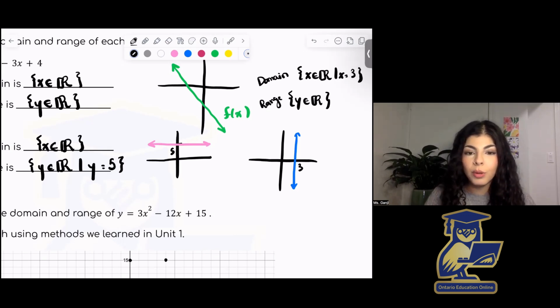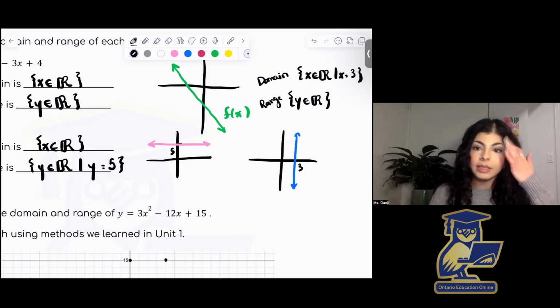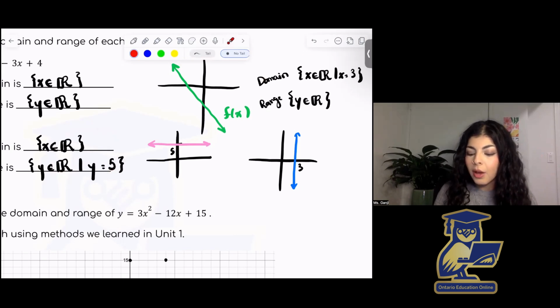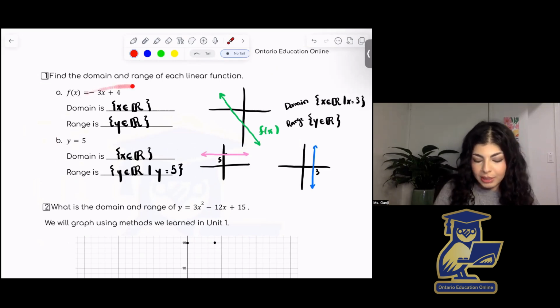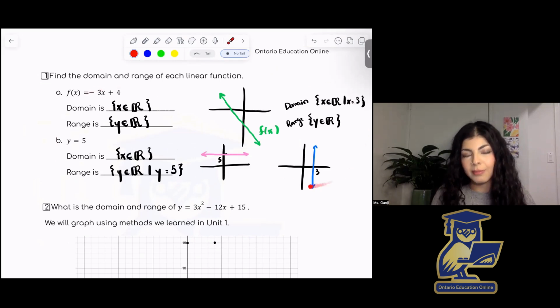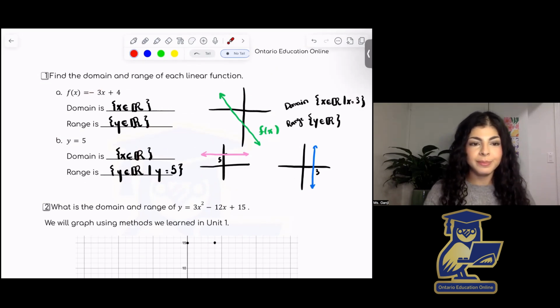At any point on this vertical line, x will have a value of 3. Similar to how in the horizontal line, at any value of x, we have that y is equal to 5. So that's where we get those two special cases for domain and range within linear equations. In these two cases, a linear function, but in all of them, a linear equation.